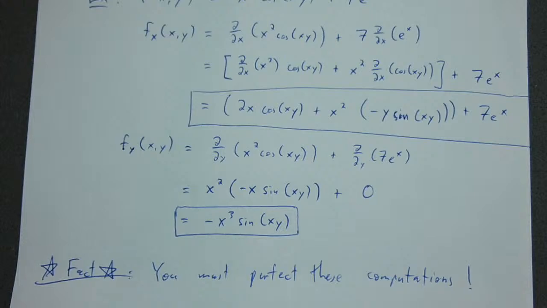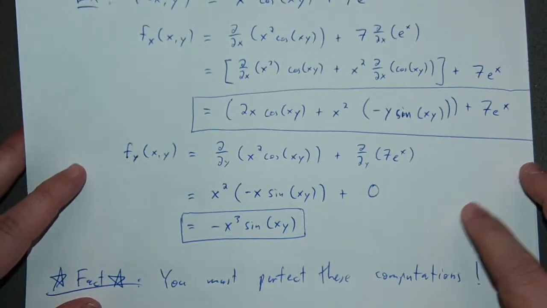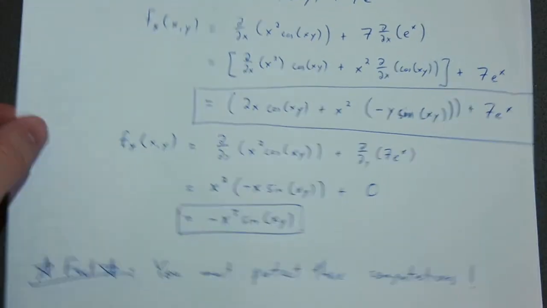For your next exam, every single question will have you taking partial derivatives, and there's no avoiding it. For the chapter 15 material, the same is basically true. Almost everything you come across is going to have you taking partial derivatives. So you have to get this process down. You have to be able to find partial derivatives.